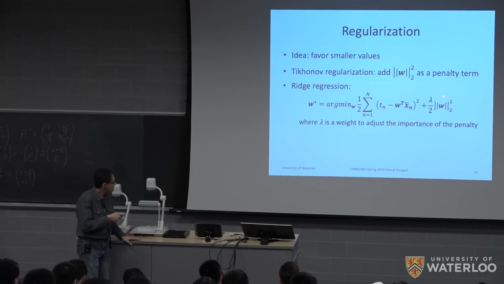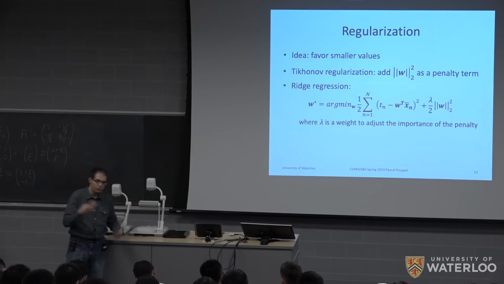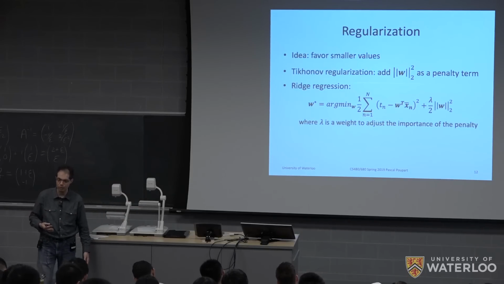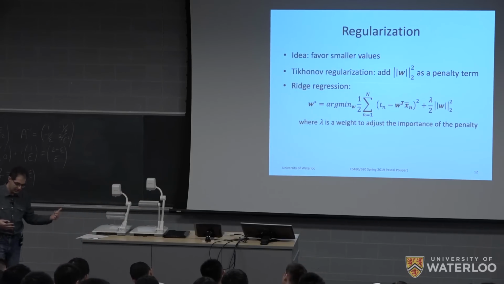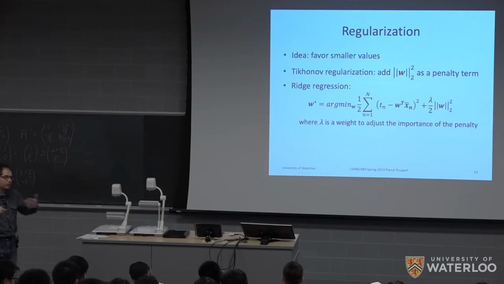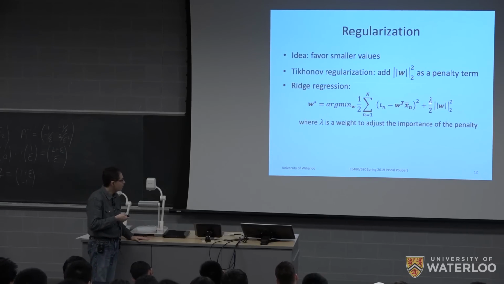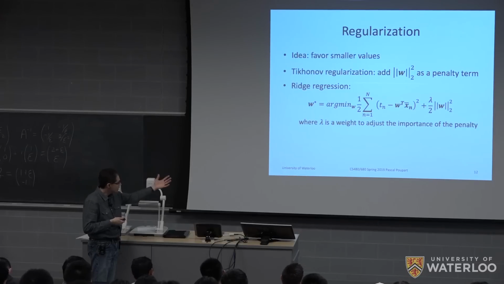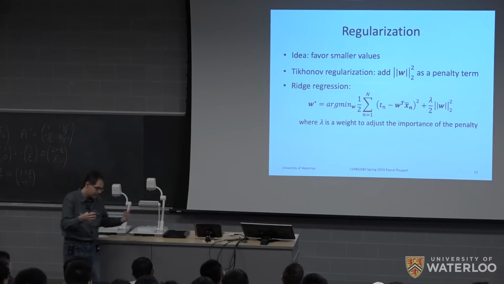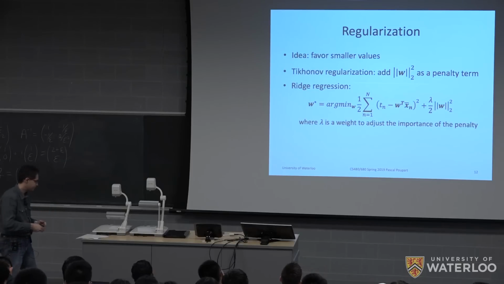The other thing to realize is that I've got a weight, lambda, here, that is used to determine the importance of that penalty term. In the assignment, this is a hyperparameter that you're going to optimize via cross-validation. Depending on the problem, it might be good to use smaller or larger weights. Generally speaking, this is something that needs to be adjusted.